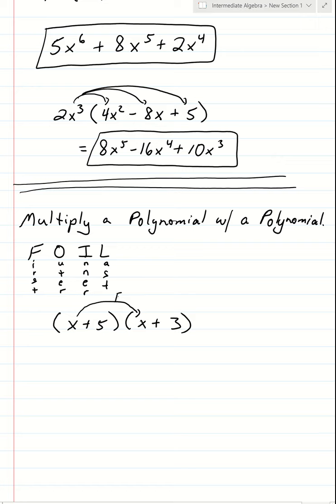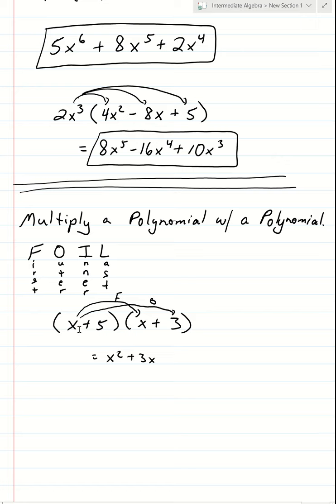That's considered the first term. And x times x would give you x squared. Then you have to multiply the x with the 3. Okay? That's considered the outer term. And x times 3 would give you a plus 3x.